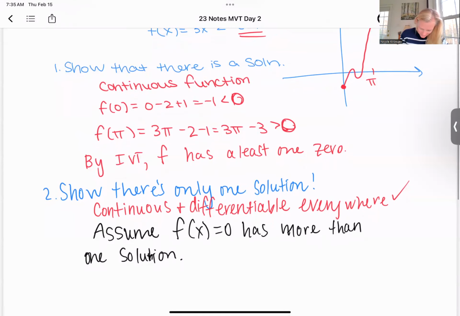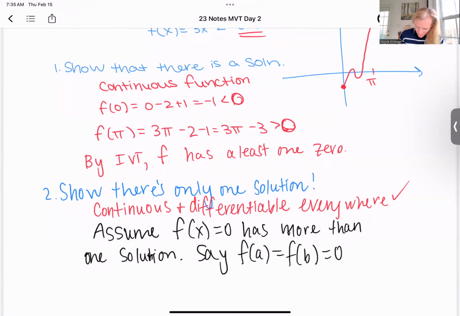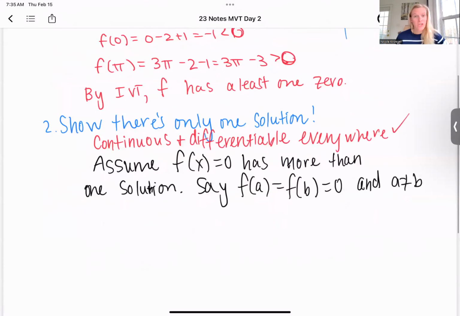So let's call those two solutions A and B. So we'll say f of A is equal to f of B is equal to 0. And we have to make this assumption that A and B are not the same number because otherwise that's not two different solutions. Okay.